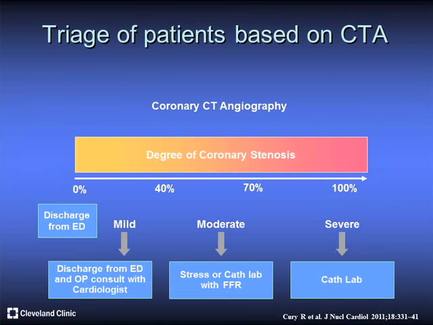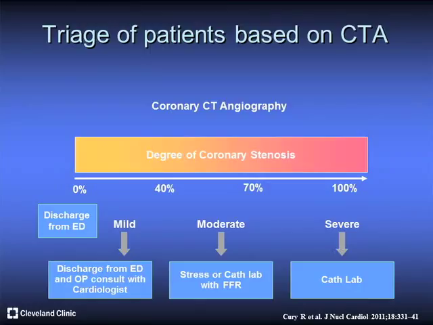So how do I use CT angio in terms of triage of patients? You have the CT angio, now what? You are the emergency room doctor. If you have 0% coronary stenosis, then you can safely discharge from the ED. If you have mild disease, discharge from the ED and make full utilization of the same day access at the Cleveland Clinic Department of Cardiology.